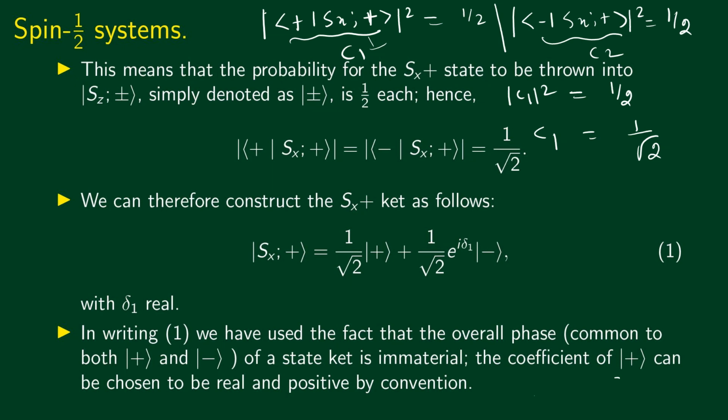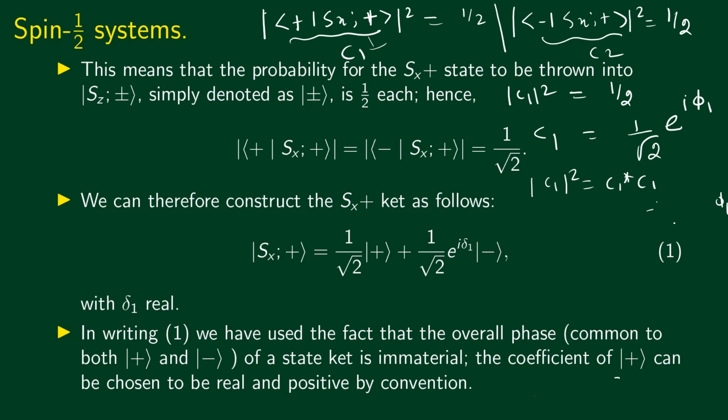It could be 1 by root 2, but there could also be a pure phase here. Even with a pure phase, modulus C1 square, which is C1 star C1, will be equal to 1 by root 2 e raised to minus i phi 1 multiplied by 1 by root 2 e raised to plus i phi 1. This phase term would just cancel, giving you 1, and you would get 1 by 2.